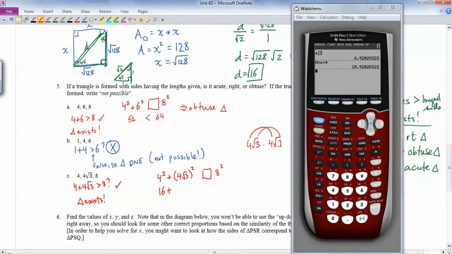So 4 times 4 is 16, root 3 times root 3 is just regular 3, and then we're comparing that to 64. Well, 16 plus 48 actually equals 64. So a squared plus b squared equals c squared, and we can say we get a right triangle out of this.